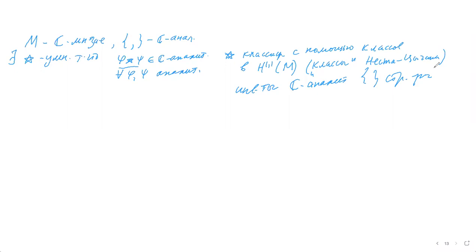Но эти классы люди не умеют вычислять толком. В этом проблема. Если бы вы смогли их вычислить, тогда можно было бы попробовать различать разные комплексно-аналитические симплектические и пуассоновы структуры. Что происходит с комплексно-аналитическими пуассоновыми структурами, а не просто симплектическими? Существуют ли такие же классы? Я даже не знаю, если честно.